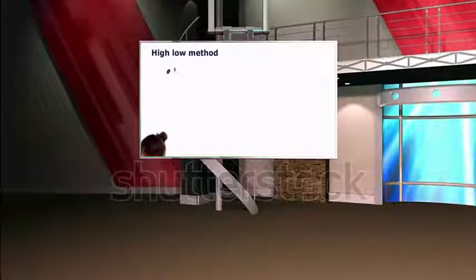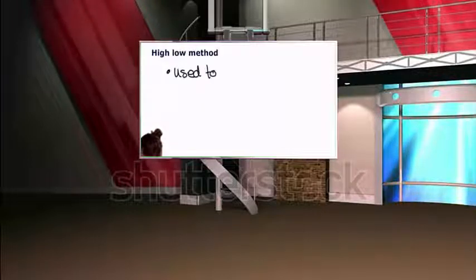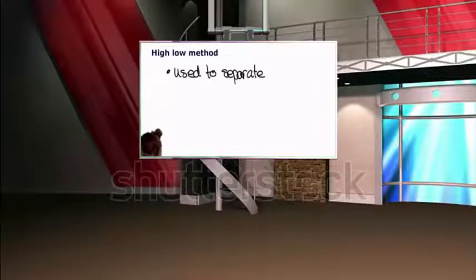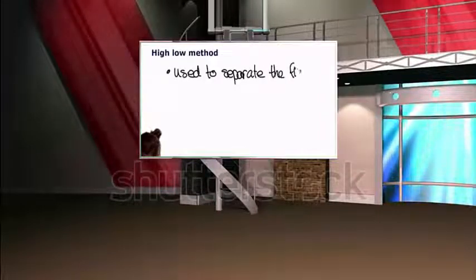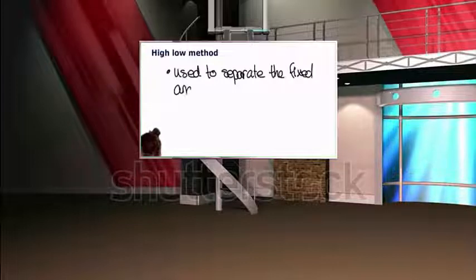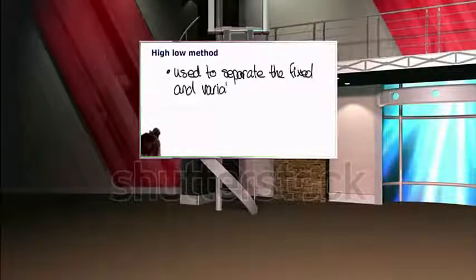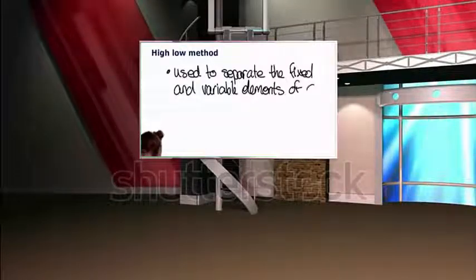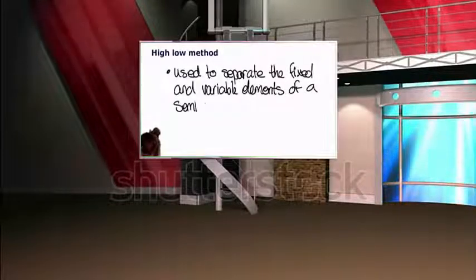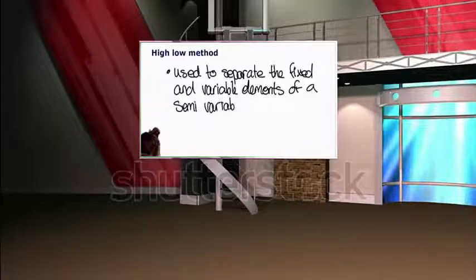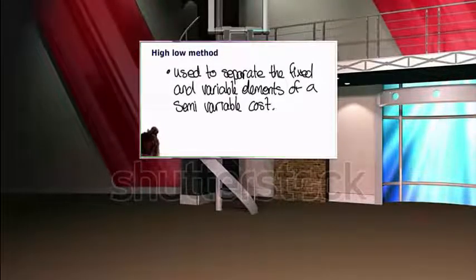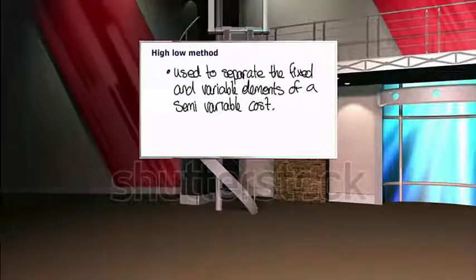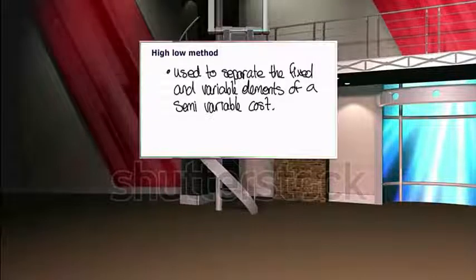So this is used to separate the fixed and variable elements of a semi-variable cost. So, how does the high-low method work?